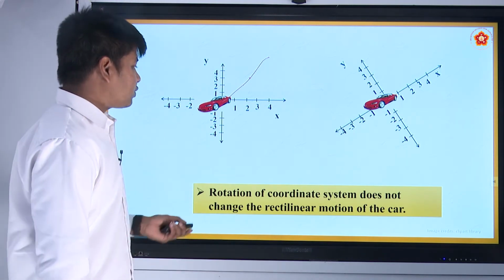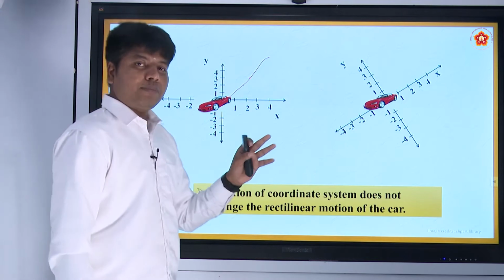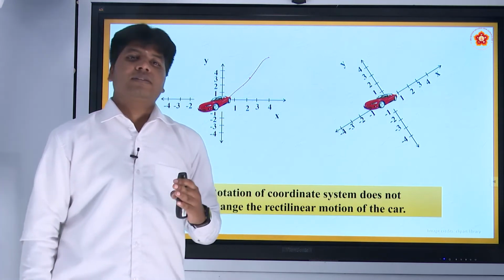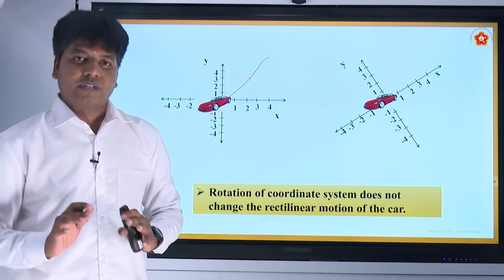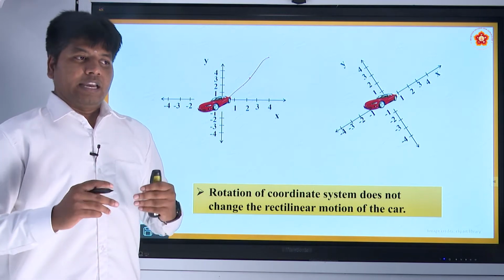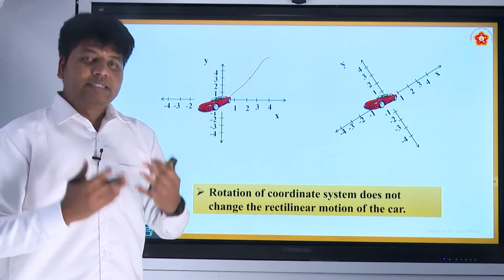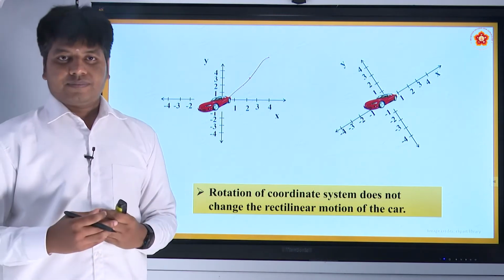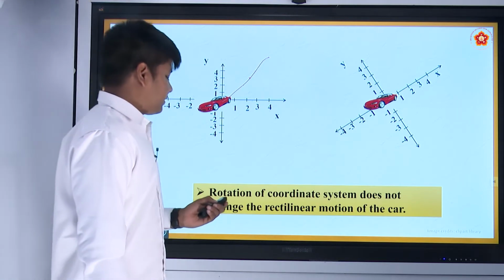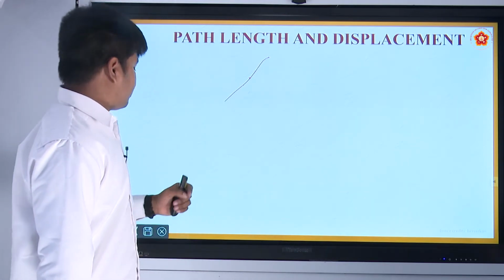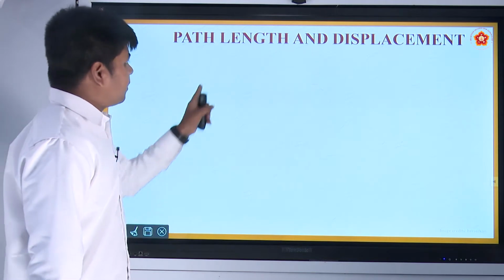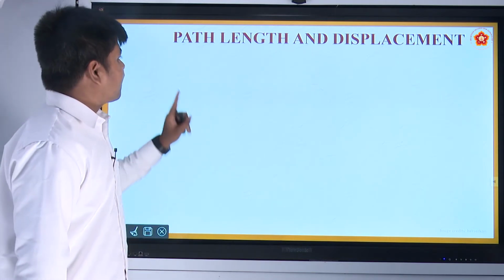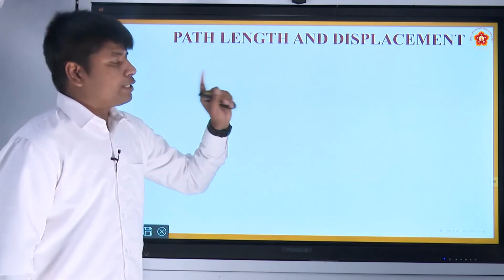Alright? Having studied the motion, let us now discuss the parameters of the motion, right? On what factors does the motion depend? Let us see two words: path length and displacement.